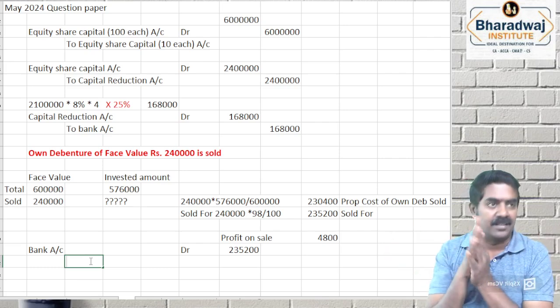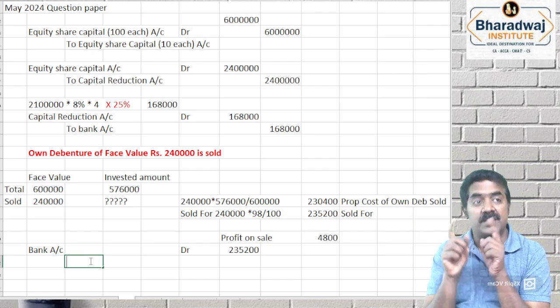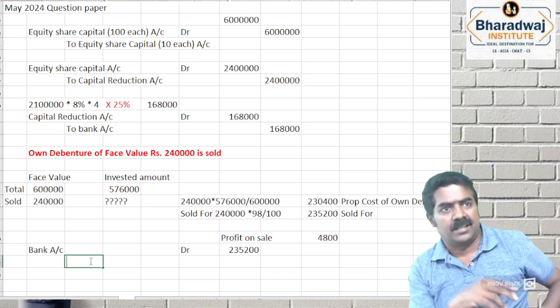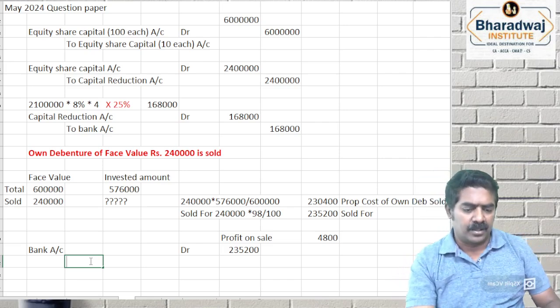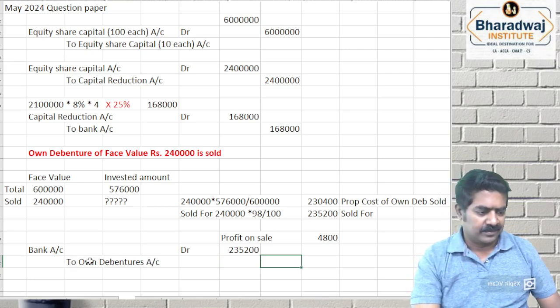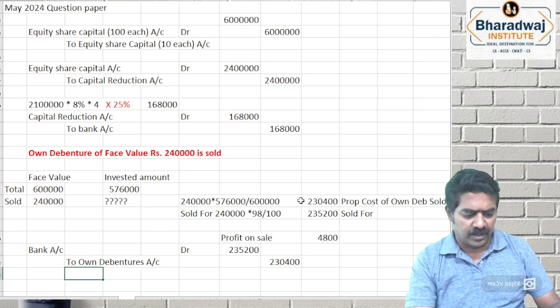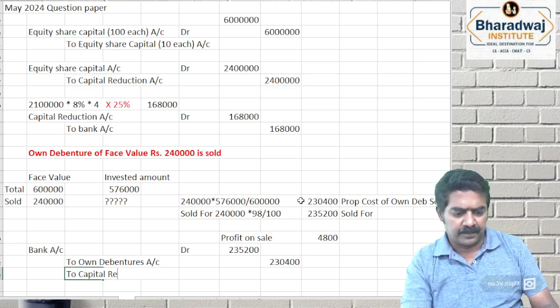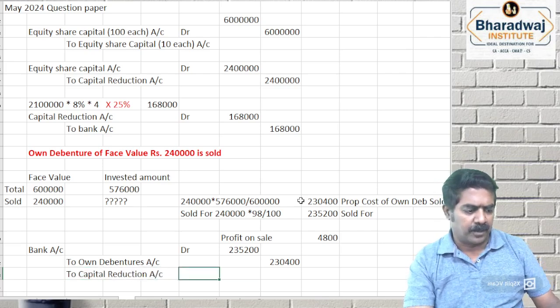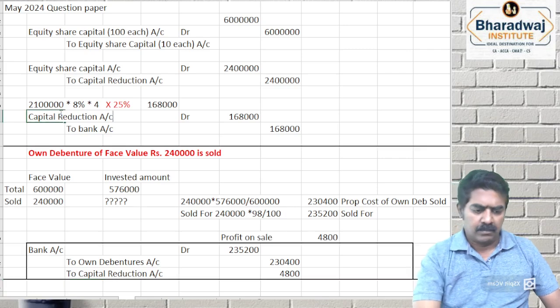That's all. Cum interest includes interest. No need to record interest separately because we are not preparing final accounts. Bank account debit to own debentures at cost, 2,30,400, to capital reduction. Any profit or loss in this process goes to capital reduction.